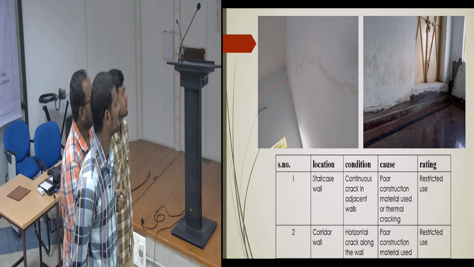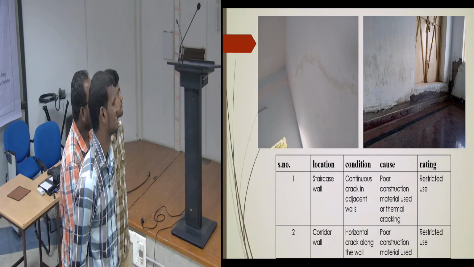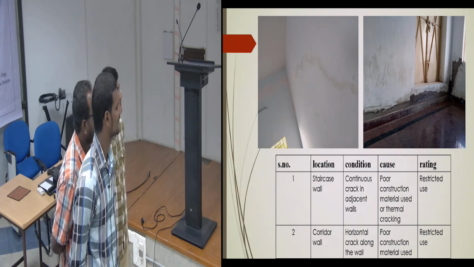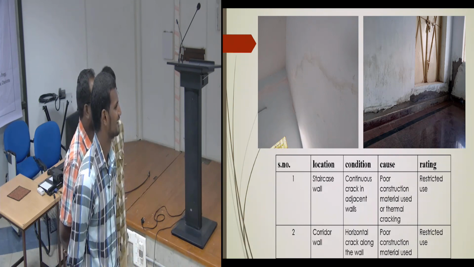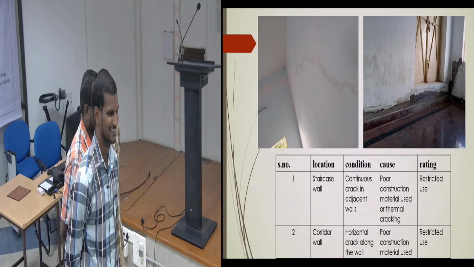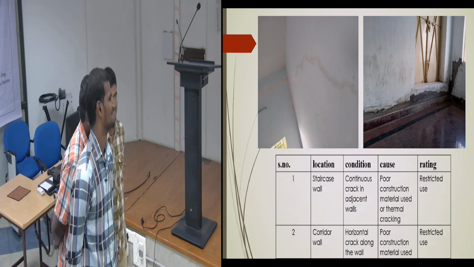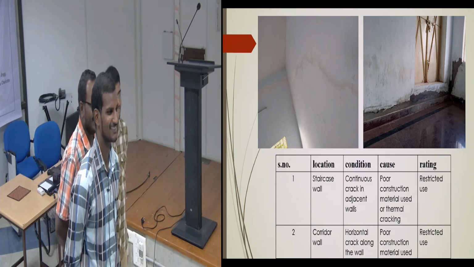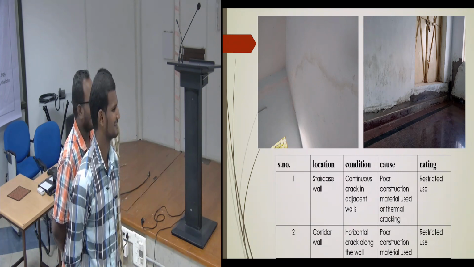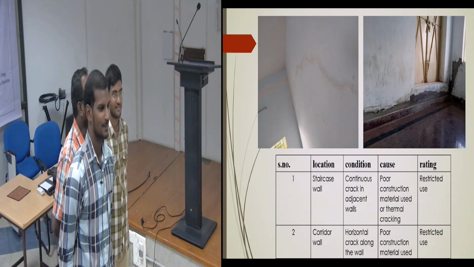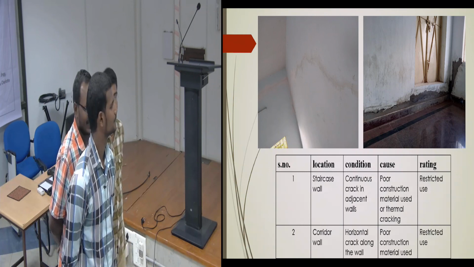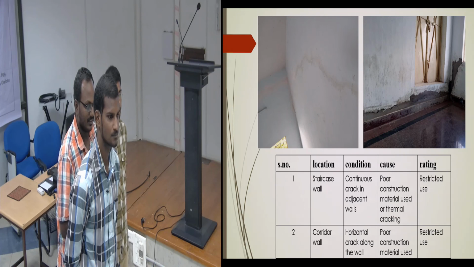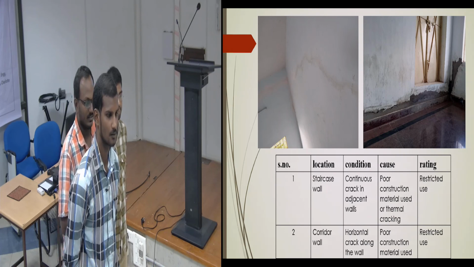Serial number, location, condition, cause, cracking. Normally all should be in caps. Mostly it is typed. No, it was done before. Yes, sir. Okay, then it is good. So I also have to make some forensic investigation. Okay, good. But you should also provide a final conclusion slide. The other group has a final.